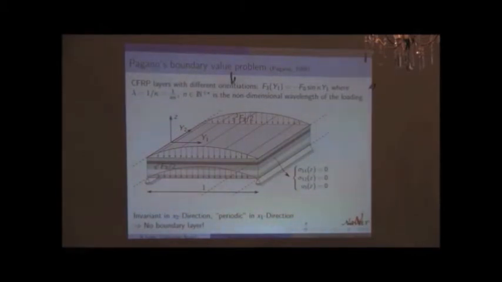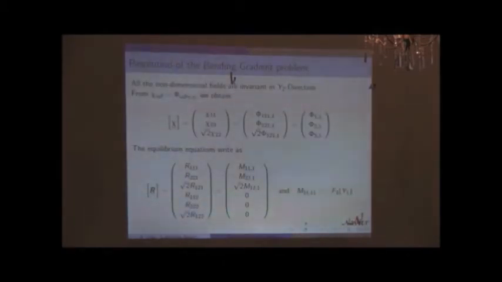All right. So this is for Pagano's boundary value problem for the cylindrical bending of laminate, and you can solve the same problem for the bending gradient plate. I won't detail the calculation. I mean, it's rather straightforward.